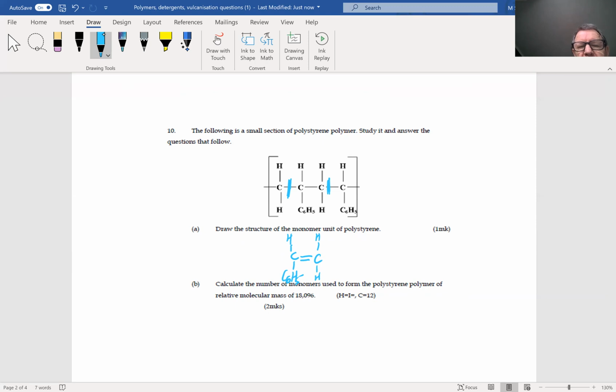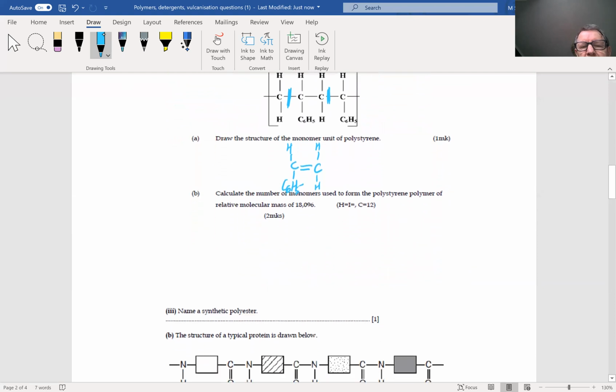Okay, that's important that you realize that if it's built like this, if it's an addition polymer, you just put the double bond in. Same sort of question again, exactly the same sort of question as the one before. I'll give you the answer to this one, but I won't necessarily do it for you because I think it's fairly straightforward. But you basically add up the mass of this.